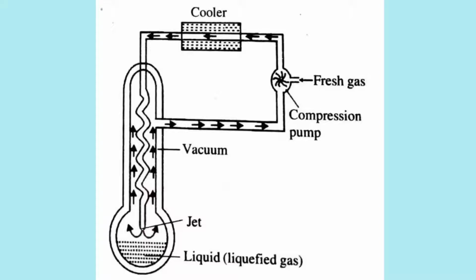That is, when a gas under high pressure is allowed to expand under adiabatic condition through a porous plug into a region of low pressure, there occurs a change in its temperature. This phenomenon is termed the Joule-Thomson effect.